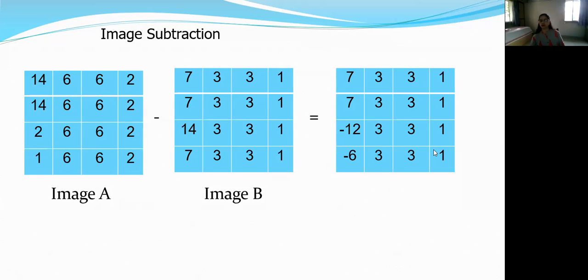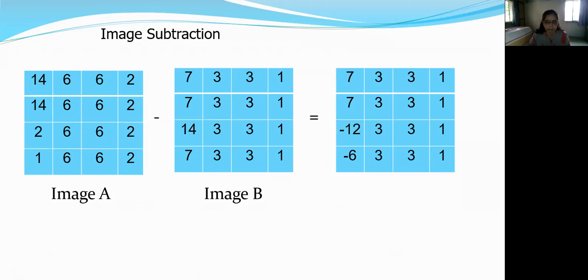And the same process we can apply for each and every pixel from all next rows. Now, if you look at this particular pixel, this value is 2. 2 minus 14 gives you minus 12. Similarly, if you look at this first pixel from the last row, it is 1. 1 minus 7 gives you minus 6. So for these two locations, we are getting negative results. Okay.